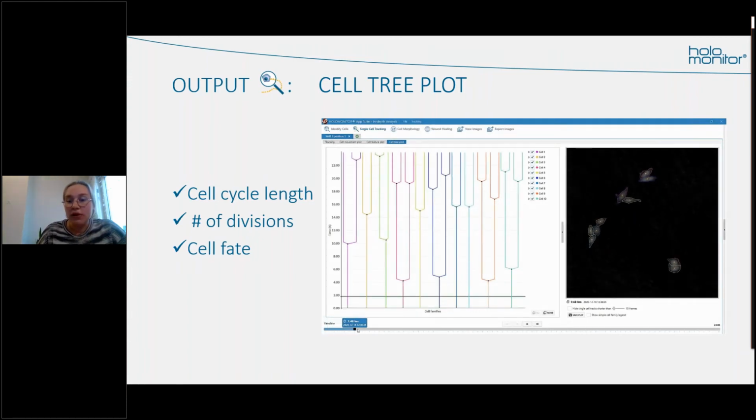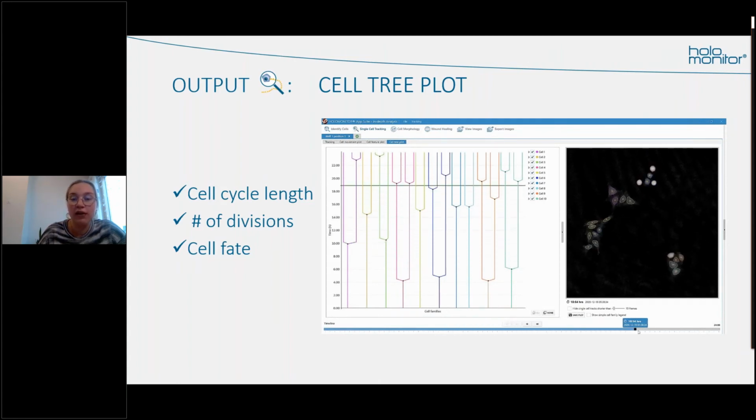In the cell tree, all cells are grouped into cell families, and this gives you information such as cell cycle length, number of divisions within a cell family, and information of cell fate. Here in the movie, each cell family is represented by its own color, and the fork in the plot represents the division.